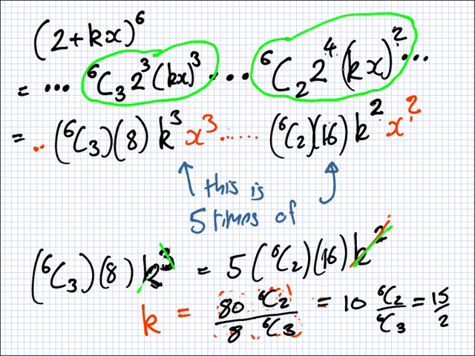And this is the x squared coefficient, or the x squared term. Sevi, did you do something similar to this at the start? Oh no, I got to here. Let's have a look. You got the 160k, and you have the 5 multiplied in.